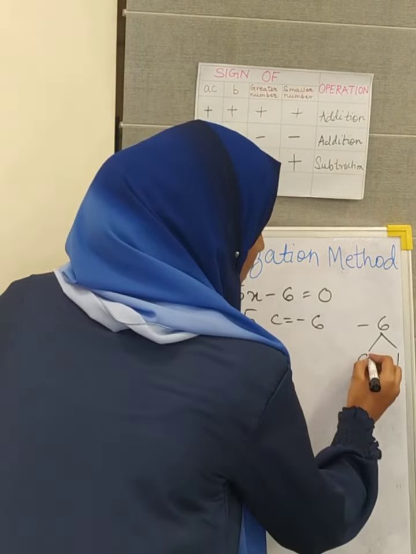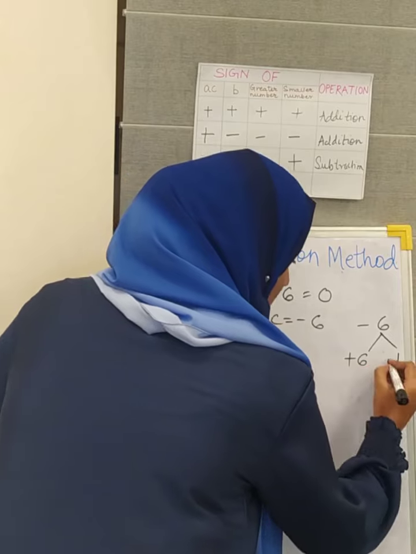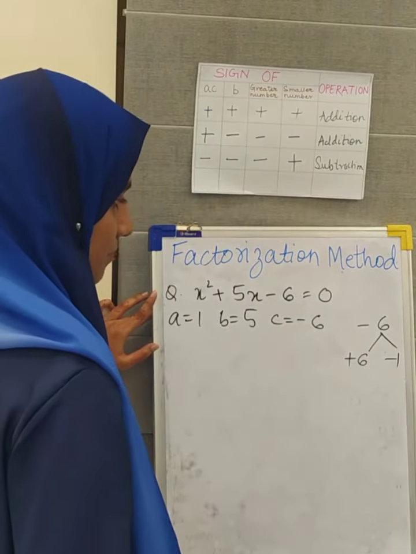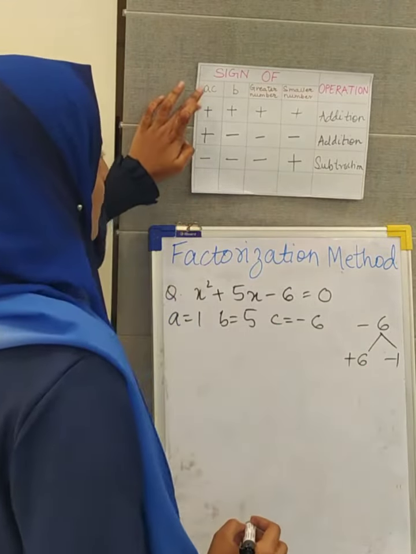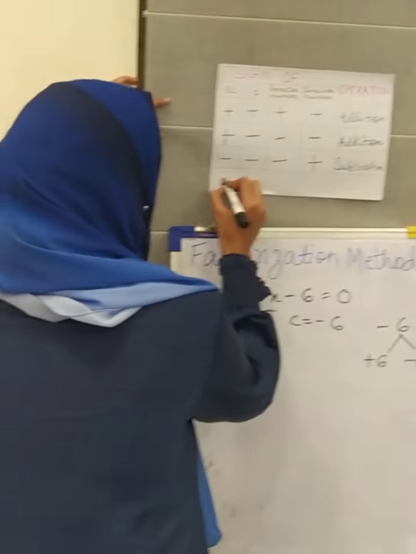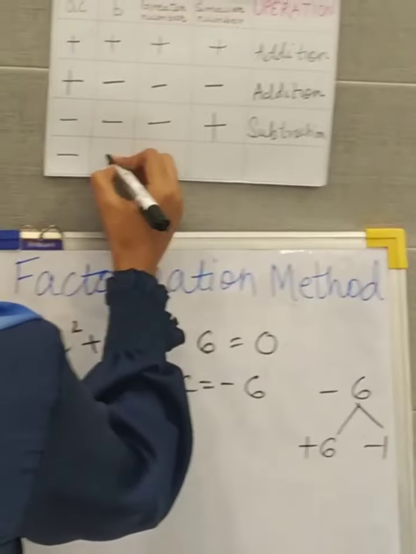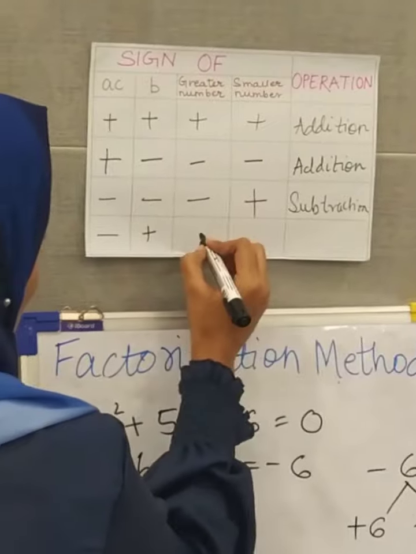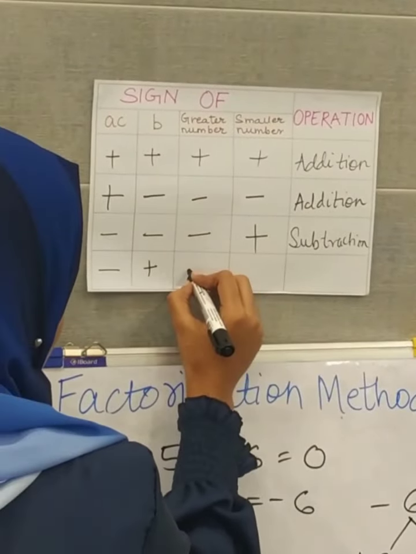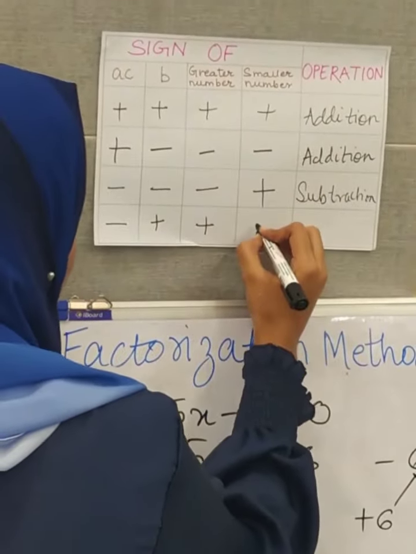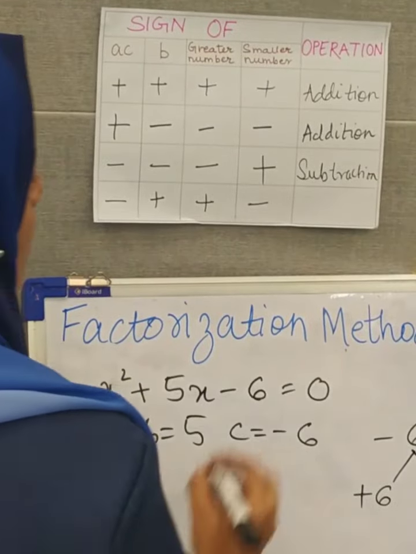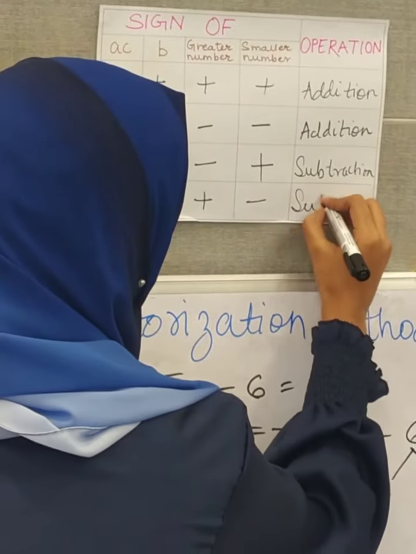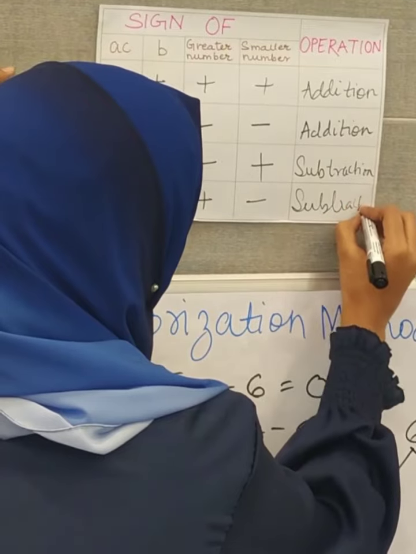So we will give the sign to 6 plus and 1 minus. Now if the product, that is AC, is negative and B is positive, the greater number will have a positive sign and the smaller number will have a negative sign, and the operation used here is subtraction.